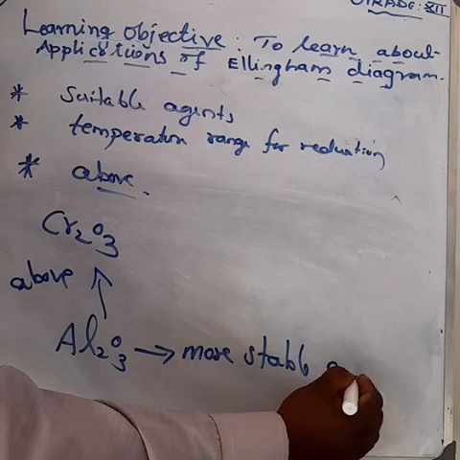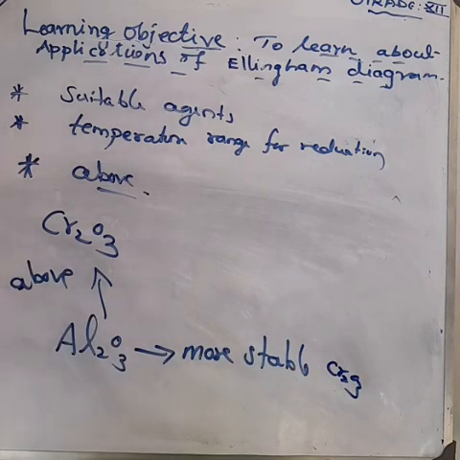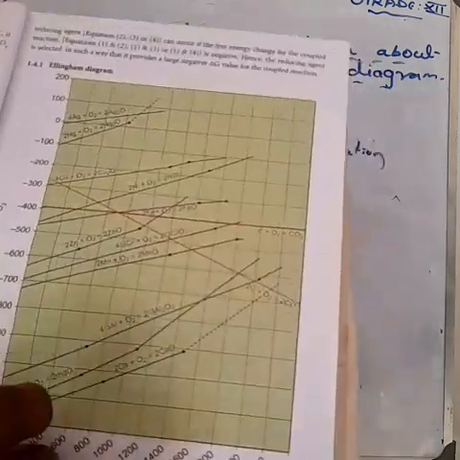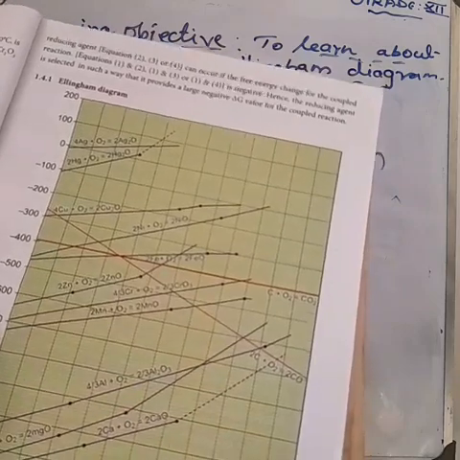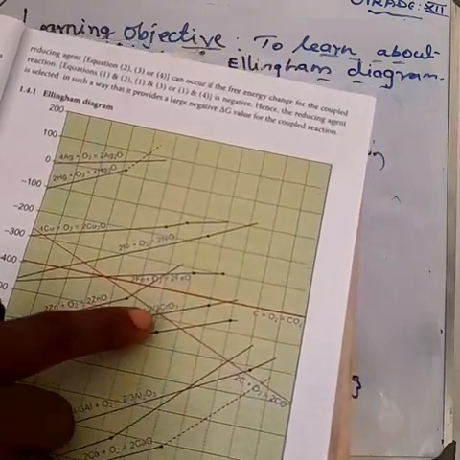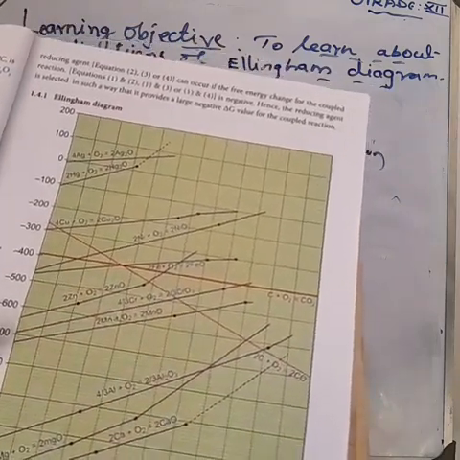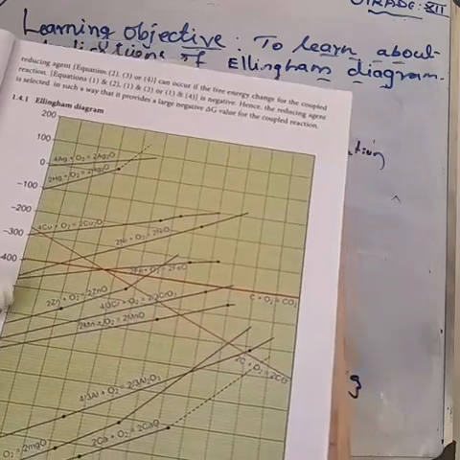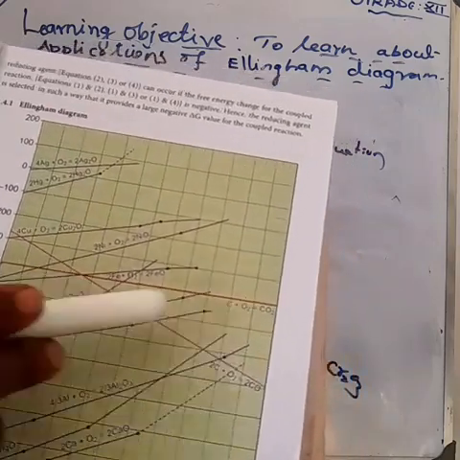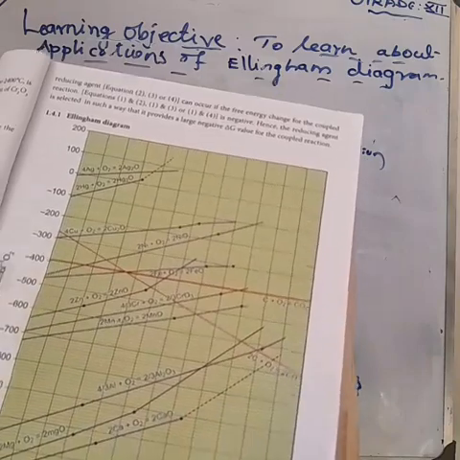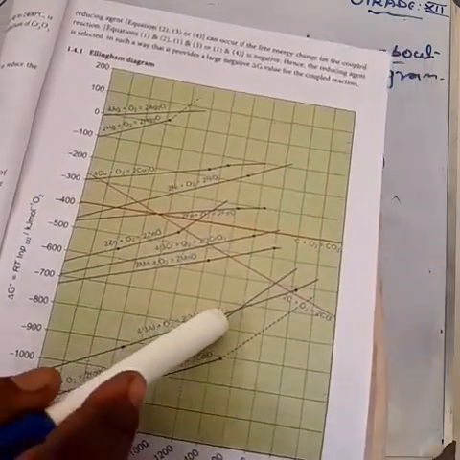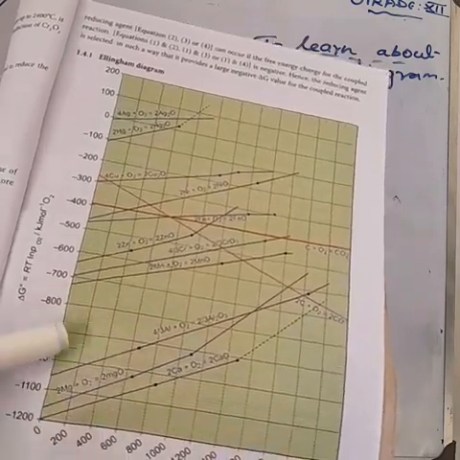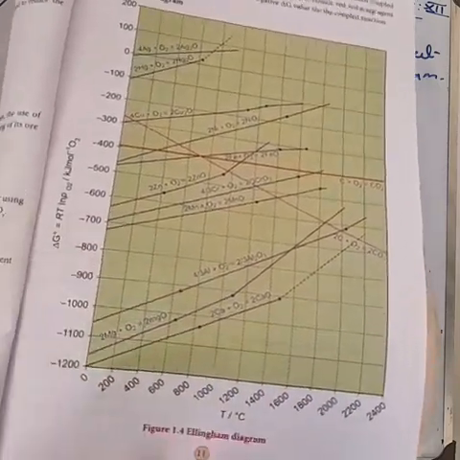Here first you have to find the temperature of aluminum oxide and chromic oxide. What is the value for chromic oxide? Nearly minus 500. What about aluminum? This is nearly up to 900, am I right?